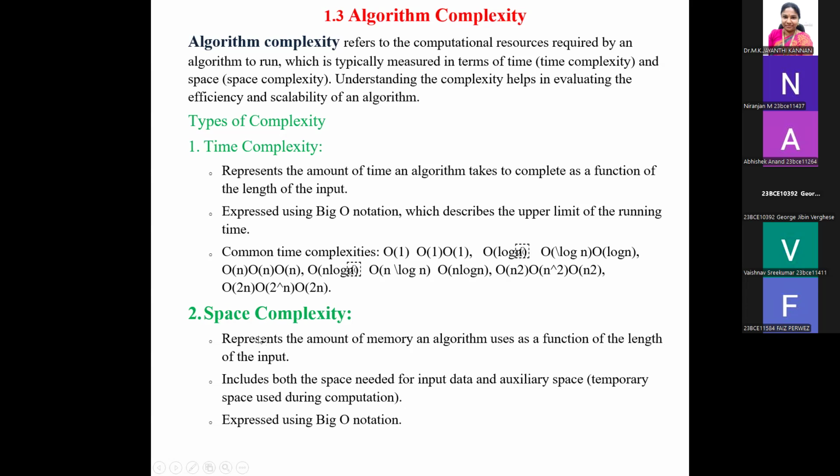So how much memory space we need to download and install the software, what is the maximum number of inputs we can accept, what is the minimum range, what is the maximum range. If the input exceeds the limit, what will happen to the system. So it includes both the space needed for input data as well as auxiliary space, temporary space used during the computation.